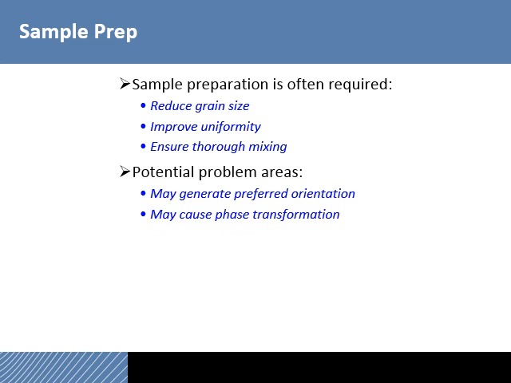Potential problem areas that come as a result of this, as we've discussed over and over again: it may generate preferred orientation if the sample is not prepared properly. And then another thing you need to be aware of, very intensive grinding or very intensive processing can lead to phase transformations if you're generating a lot of heat or imparting a lot of energy into the sample while you're preparing it.